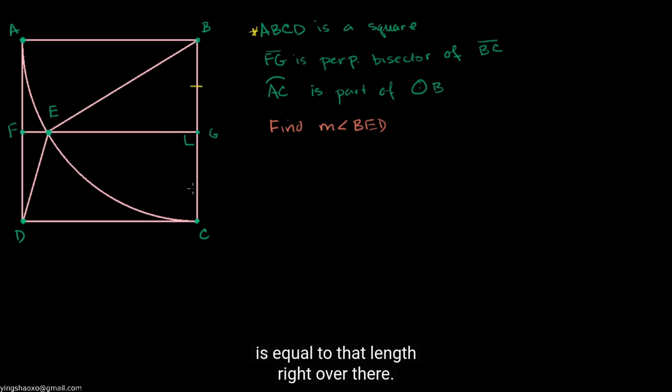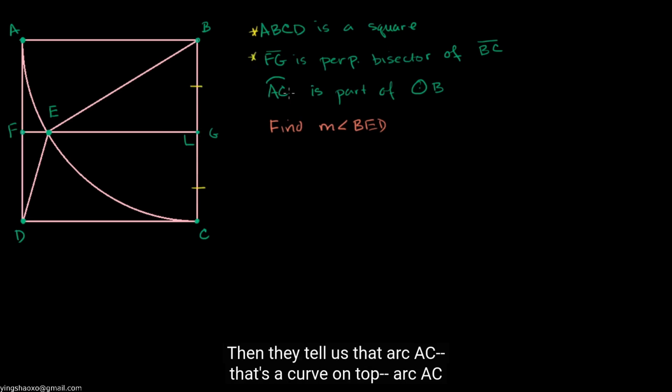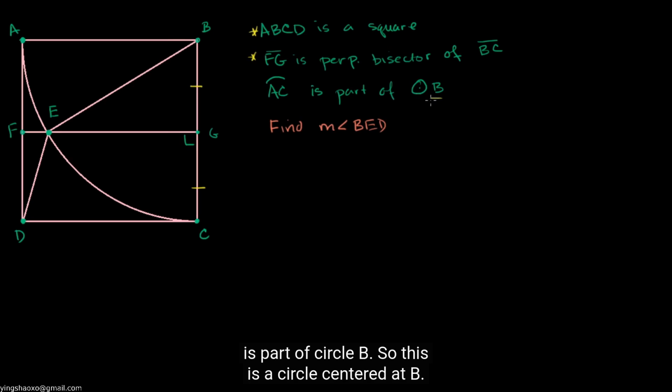So this length is equal to that length right over there. Then they tell us that arc AC, that's a curve on top, is part of circle B. So this is a circle centered at B, and this is part of that circle. It's really kind of the bottom left quarter of that circle. And then given that information, they want us to find the measure of angle BED.